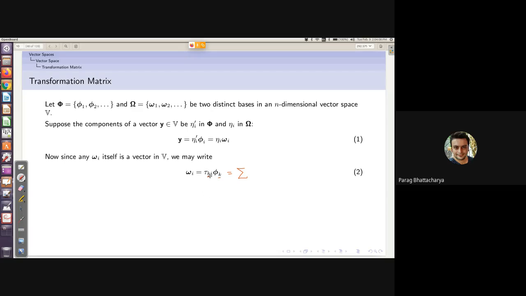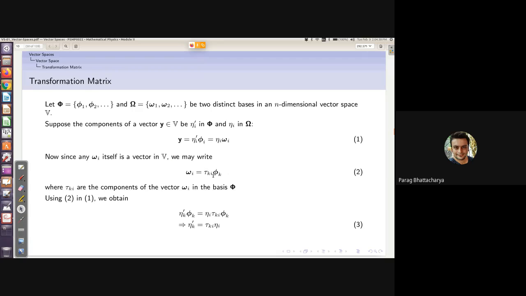So in tau ki phi k, the summation is over k, not over I. So we are summing over this one, and that's the reason we are able to write it like this. Every vector omega I can be written in terms of this.